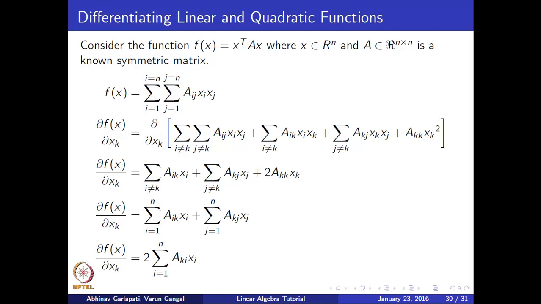Finally, we get partial f of x by partial xk equal to twice sum over i equals 1 to n of aki xi. Note that the simplification from the second last step to the last step can only be done if A is symmetric.